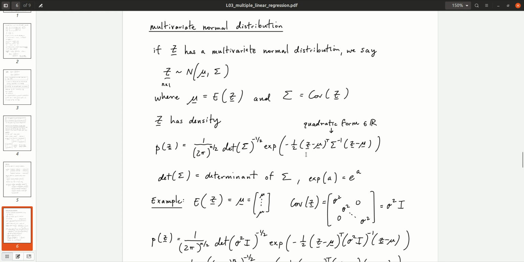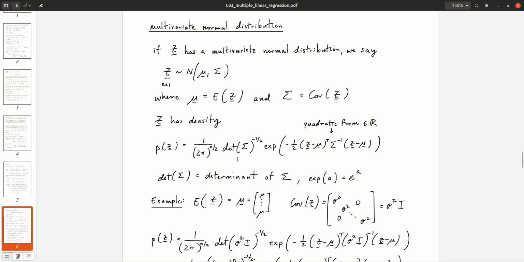This is going to be a scalar because this is a 1 by n vector, this is an n by n matrix, and this is an n by 1 vector. So again, it's the determinant of sigma to the minus 1/2, and then e to this scalar. This product of matrices is called a quadratic form. We'll say more about quadratic forms later on.